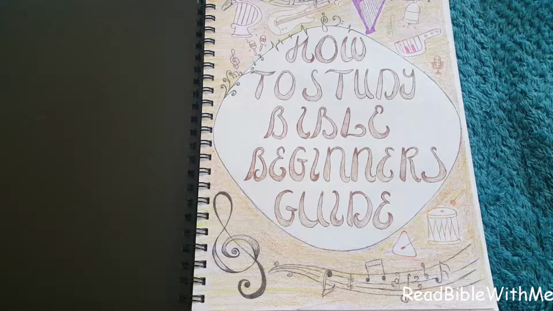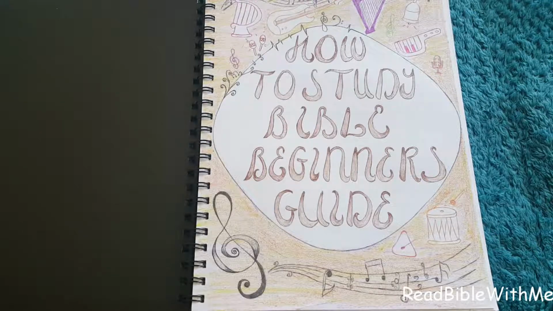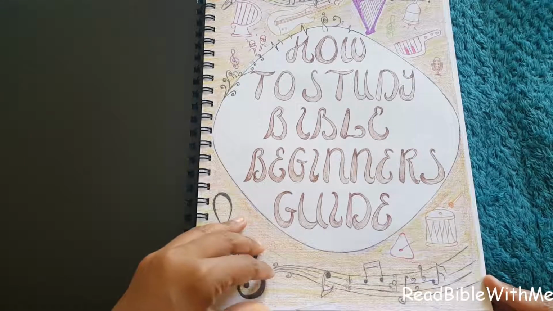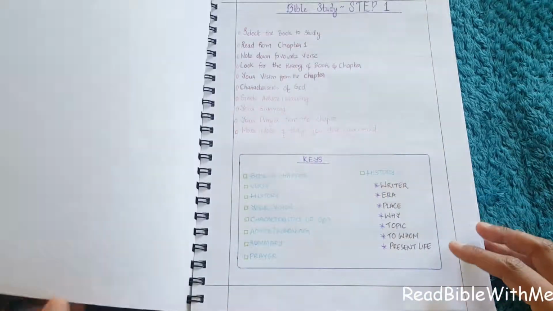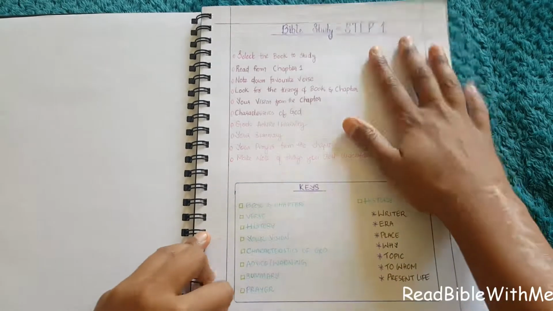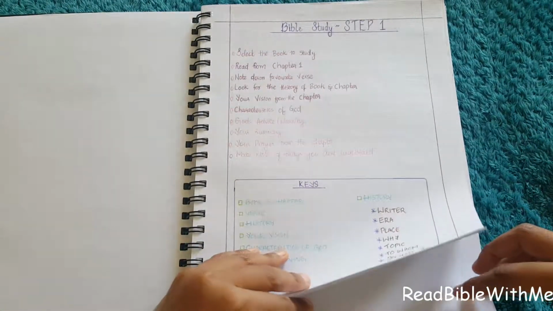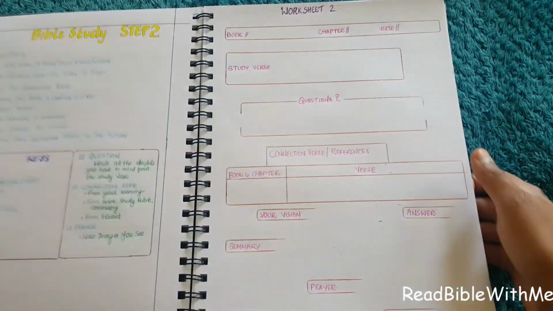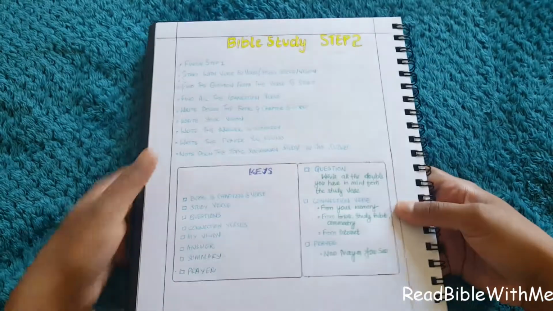Today's video is how to study the Bible, the beginner's guide, step 2. I hope you have already watched the step 1 video, where I showed how to study the Bible as a beginner, and I added all the worksheets you need. I also showed you how to do it with an example of Ephesians chapter 1.